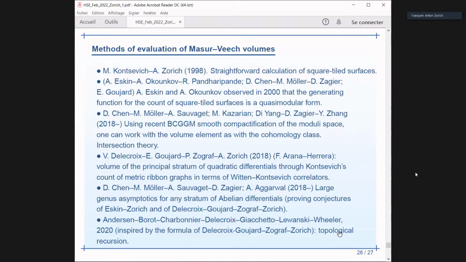When his scientific advisor heard the theorem, he liked it very much and suggested that Arana Herrera prove this formula geometrically, which was very natural because Maryam Mirzakhani constructed a map from the space of quadratic differentials to the space of measured geodesic laminations, and somehow this map should know that these frequencies are the same.